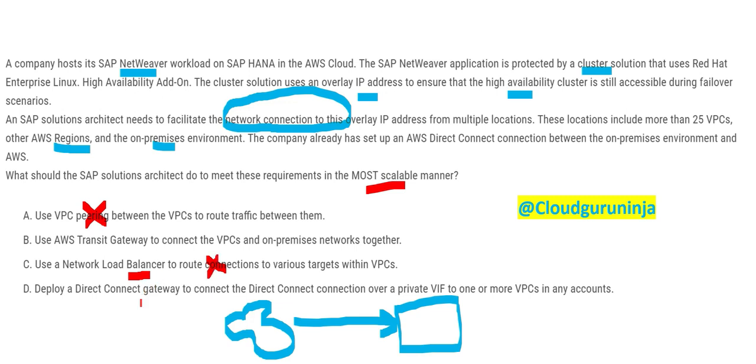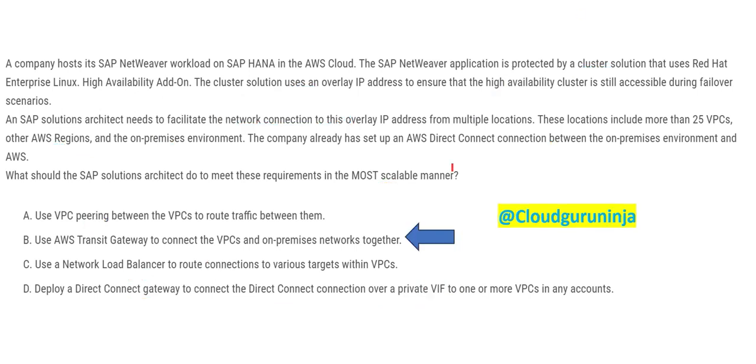And D, Direct Connect gateway. So nobody is talking about this one, no? Private link. So nobody is talking about that. So we have to use transit gateway. Transit gateway, whenever you have on-prem and cloud, that is called hybrid. So transit gateway is always useful. So option B is our answer.